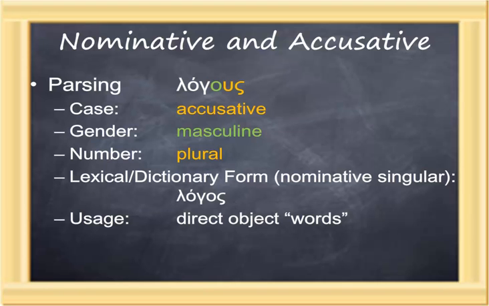Were I to ask you to parse the form logous, you would tell me its case is accusative, its gender is masculine, because you learned that with logos, and its number is plural, which is what you get from the case ending. The lexical or dictionary form of the nominative singular would be logos, and its particular usage would be as a direct object, translated words. That would be a complete parsing of a noun.